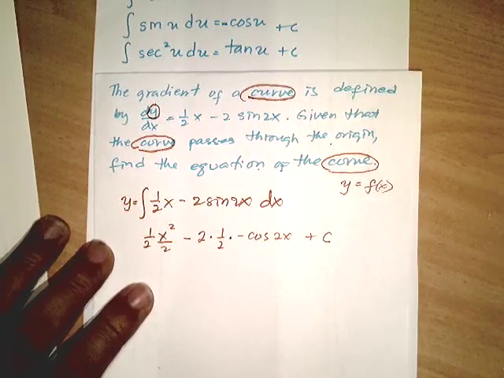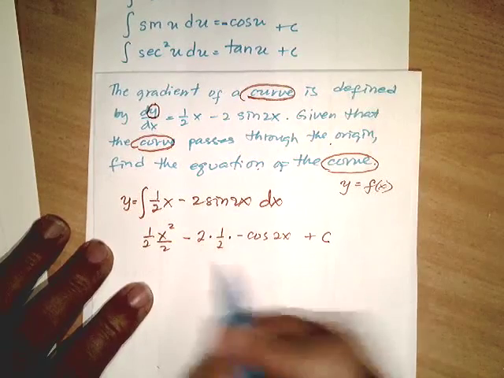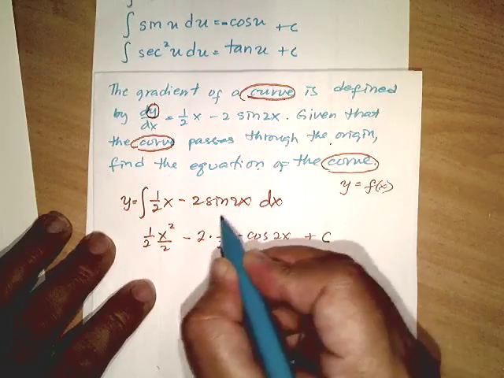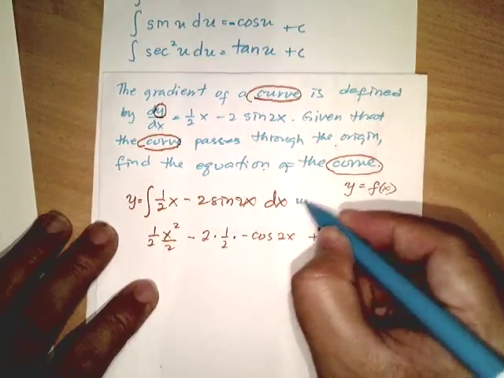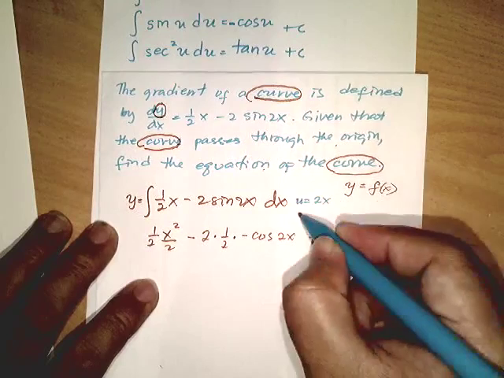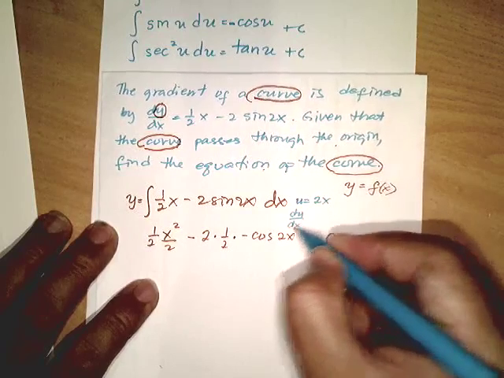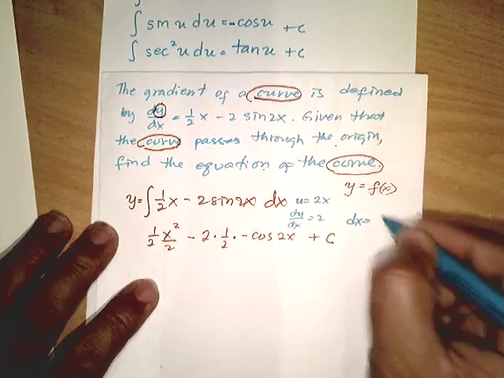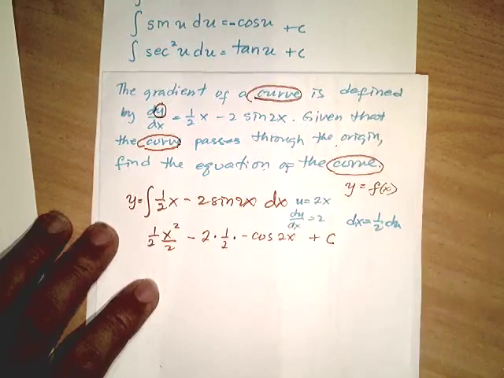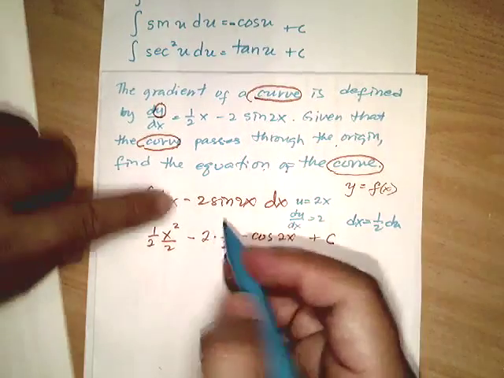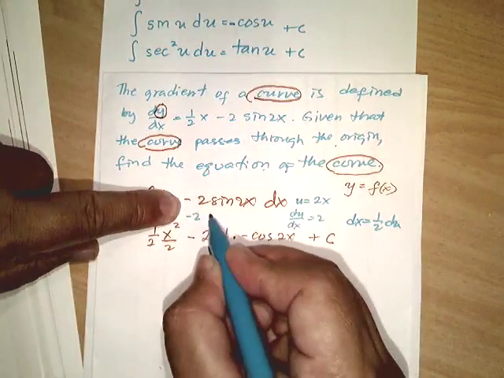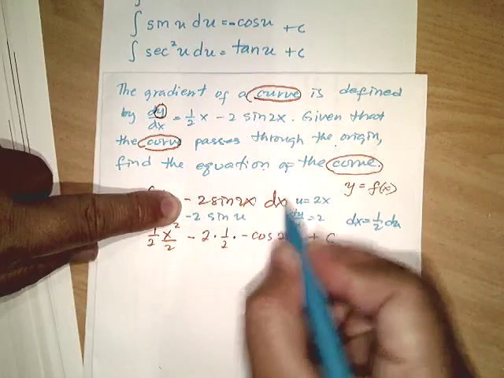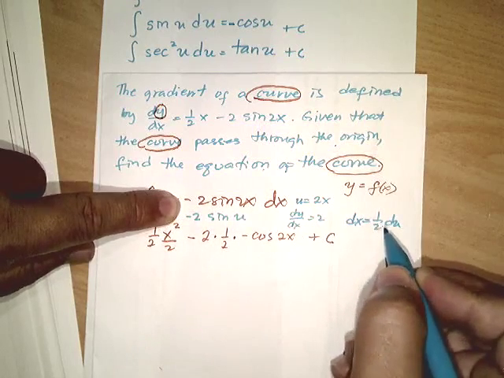For those of you who are confused on how I arrived at this, look at this. This is your u. You can let u be 2x. Your du/dx is equal to 2, so dx is 1/2 du. Therefore, this becomes minus 2 sine of u, and dx is 1/2 du.